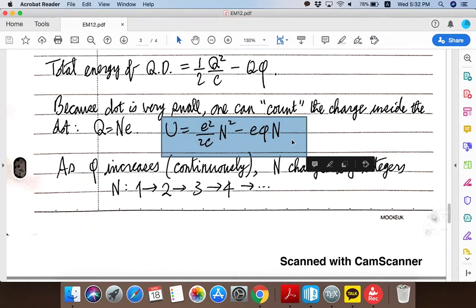And again, you can ask what value of n will minimize the total energy, because nature usually wants to be in a configuration that minimizes the energy. So by choosing n in the most appropriate manner, you can minimize this potential energy.